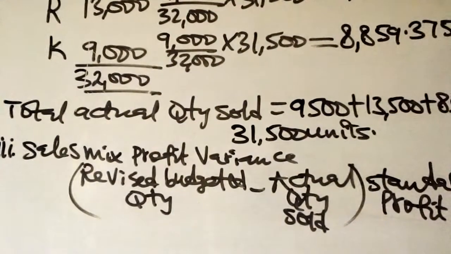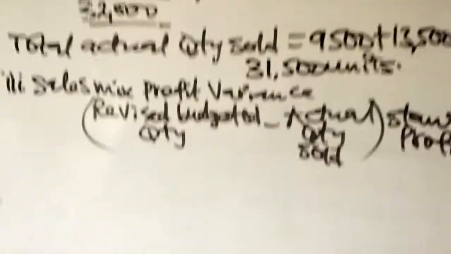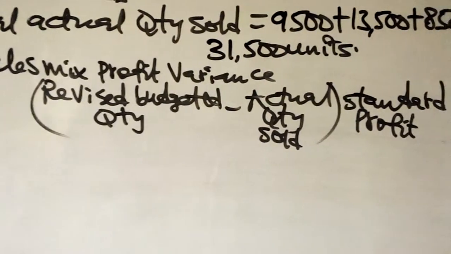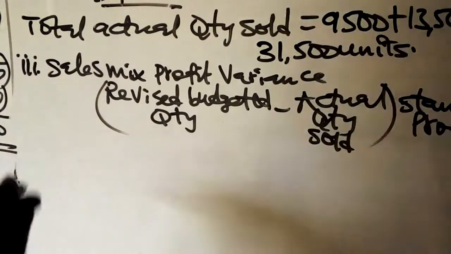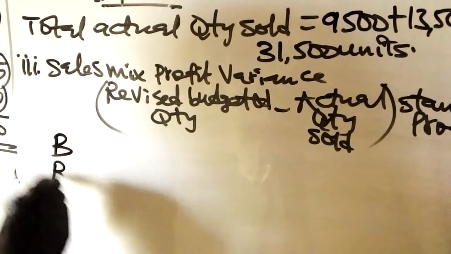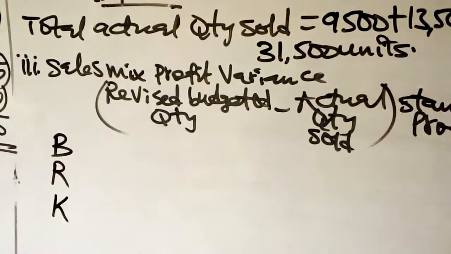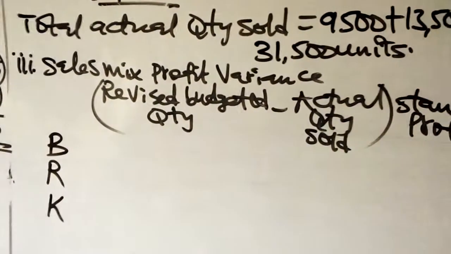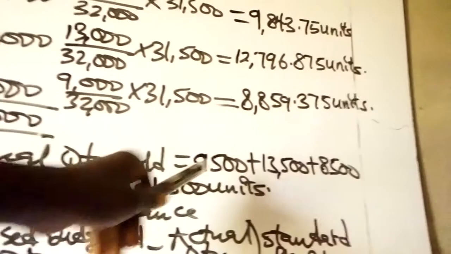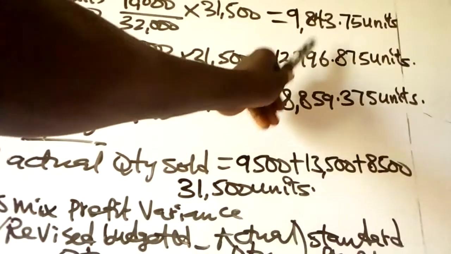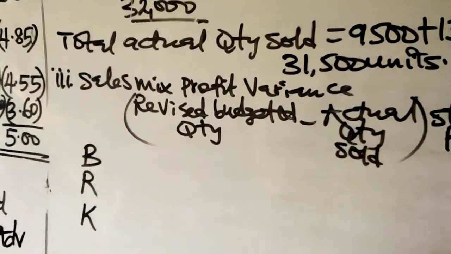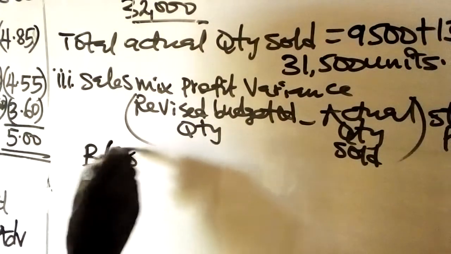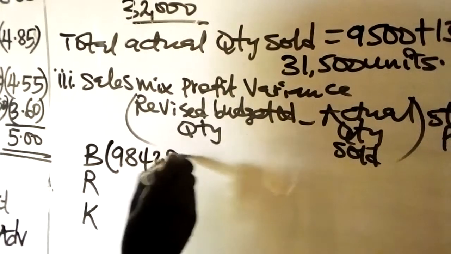There are 3 products involved: product B, product R, and product K. The revised budgeted quantity for B is 9,843.75 units.